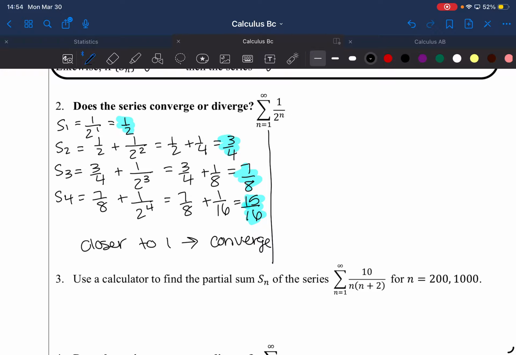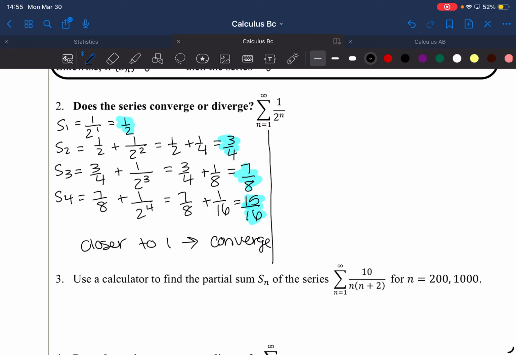If it was going towards infinity. Okay, so this one's going to get closer and closer to 1. So if we continued this, we would just approach 1. We wouldn't go past it. Okay, for diverge, we're going to rapidly increase so fast that we're eventually, if we do this as n approaches infinity, going to approach infinity ourselves. And you'll see that in one of the next examples.